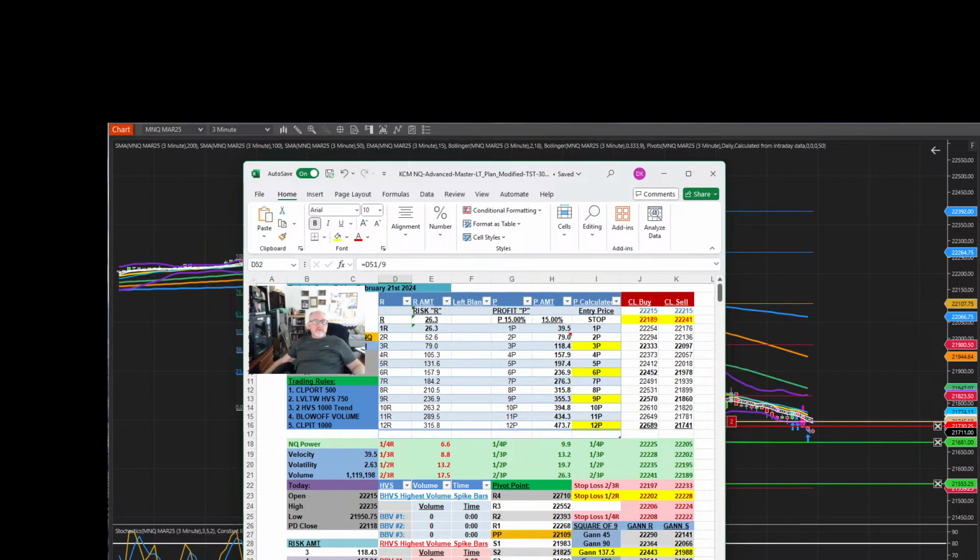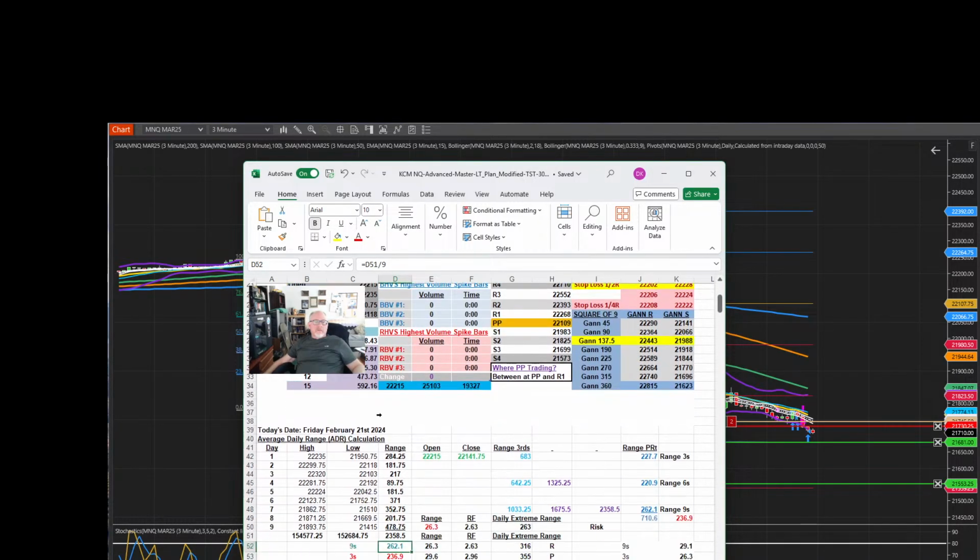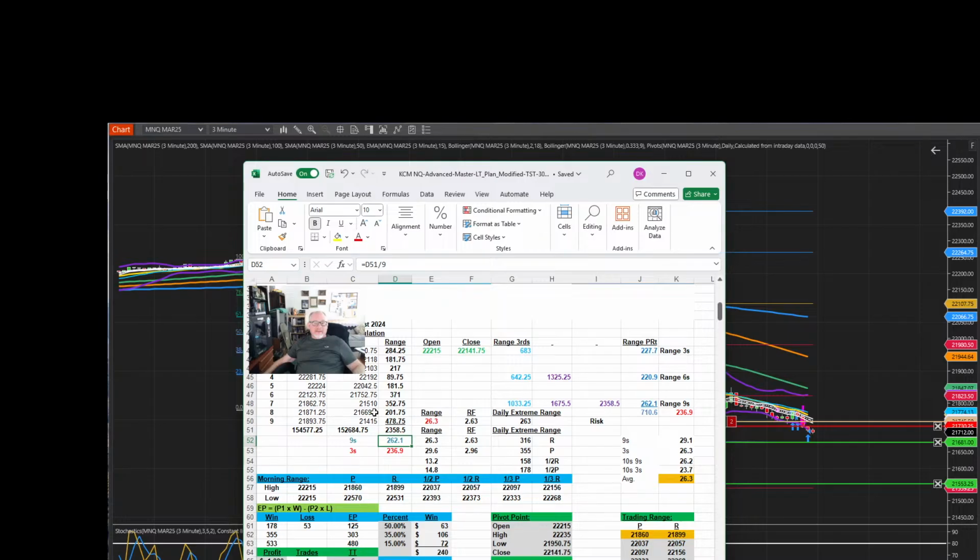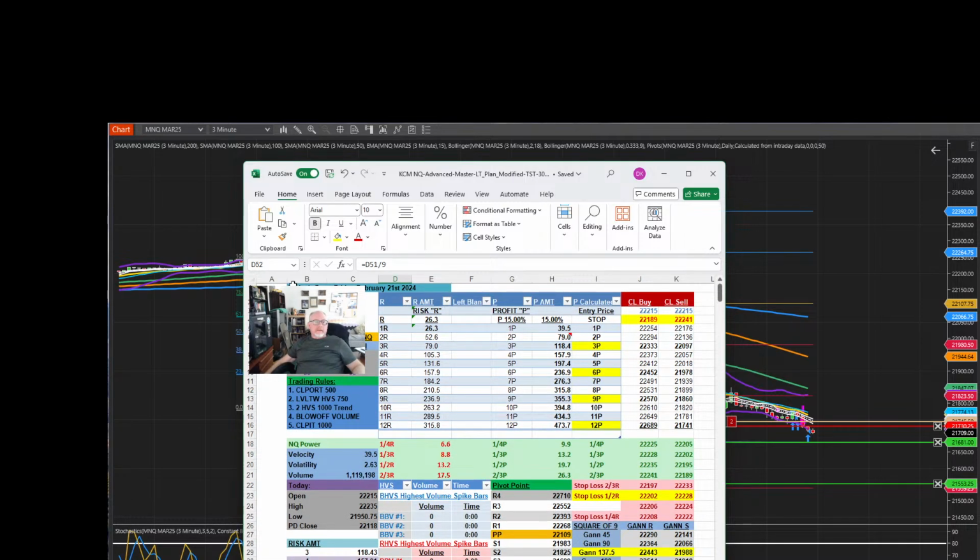So the average daily range over the last 9 days has been 263 ticks. We divide that by 10.